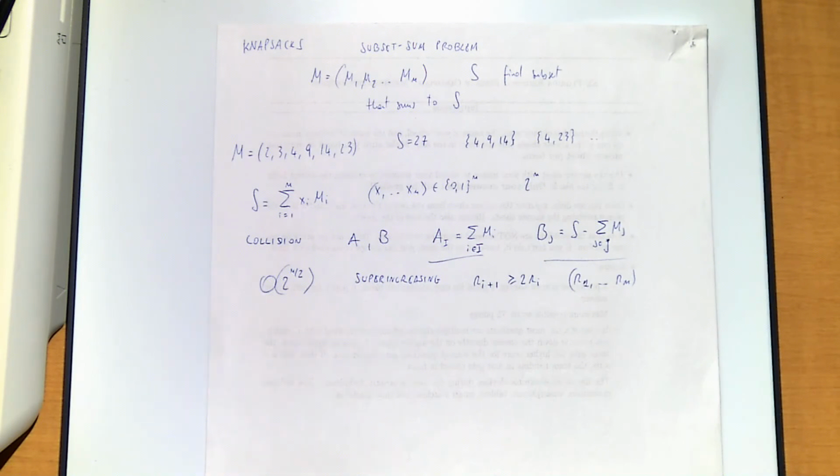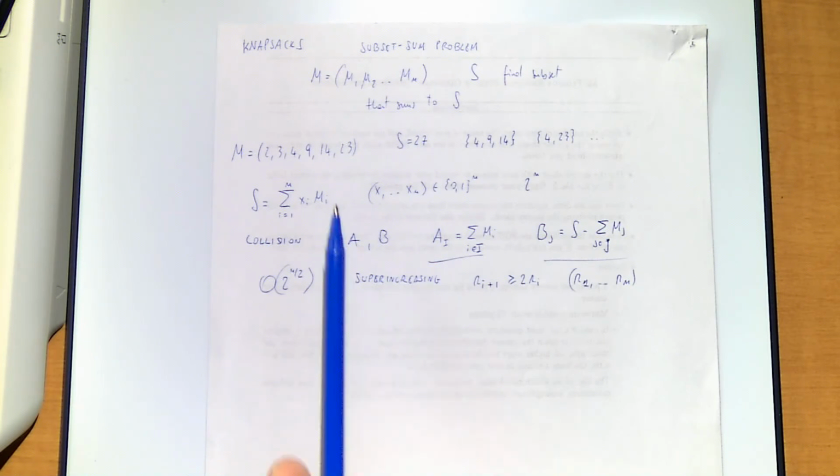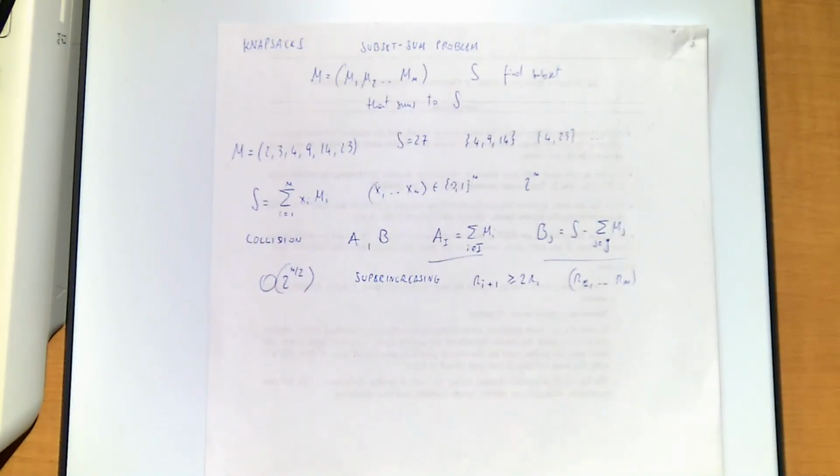I can say obviously that my sequence is increasing if every element is bigger or equal than the previous one. But super increasing means that there is a gap. So not only is each element bigger than the previous one, it's actually much bigger than the previous one.